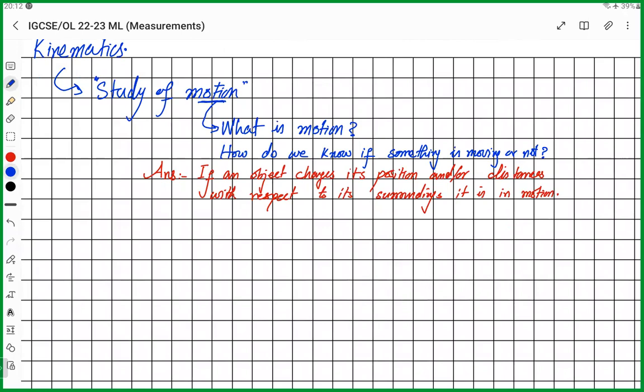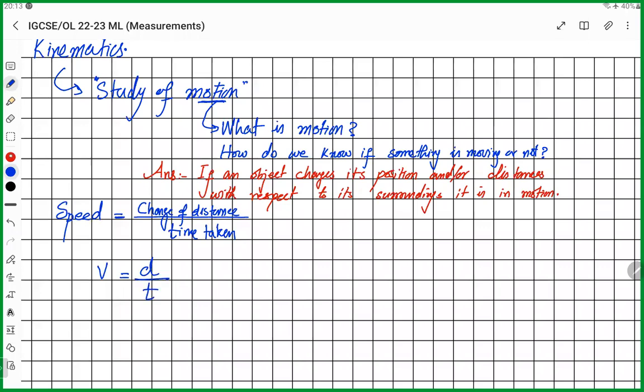Now, if motion means change of distance, the first quantity is produced: speed. What is speed? Speed is rate of change of distance. Change of distance divided by time taken. Speed equals distance divided by time.